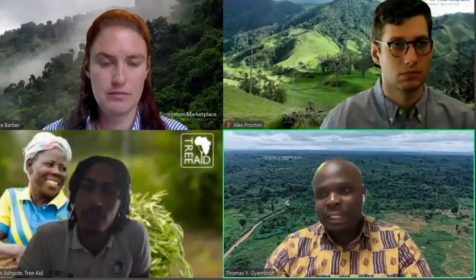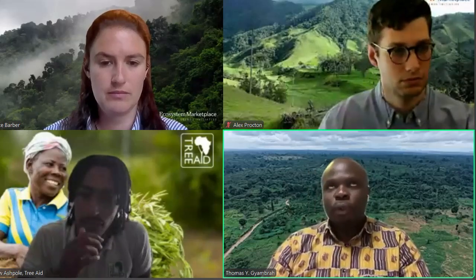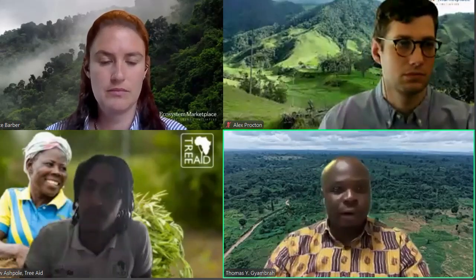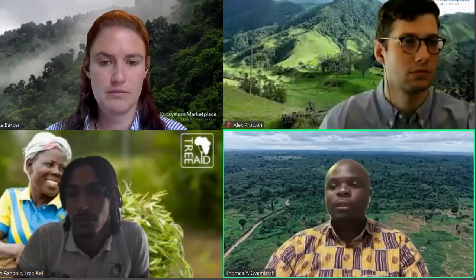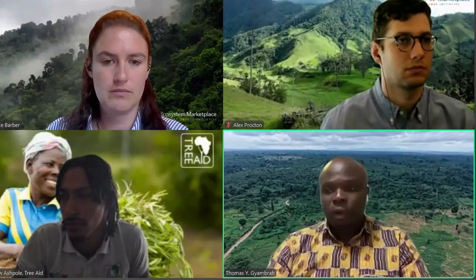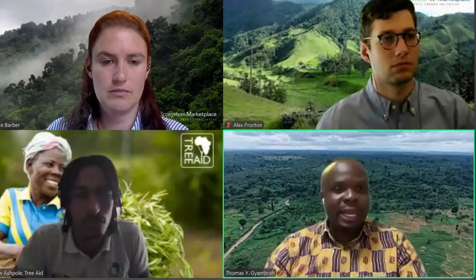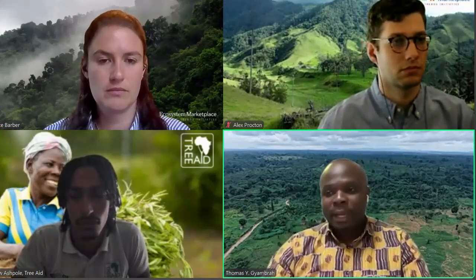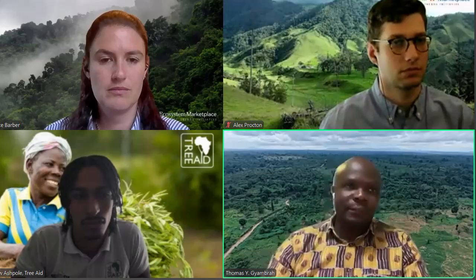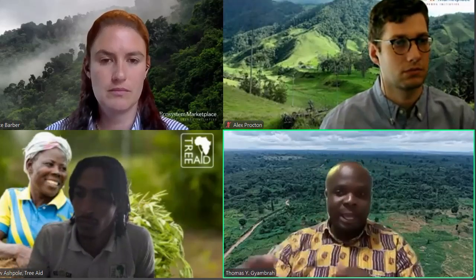When you have transparent MRV systems, you are able to get a third party coming in to verify that as well. When you ensure stakeholder inclusivity, you're able to engage local stakeholders, especially indigenous people and local communities, in the project design and the benefit sharing arrangement, and you're able to document the free, prior and informed consent and grievance redress mechanism.